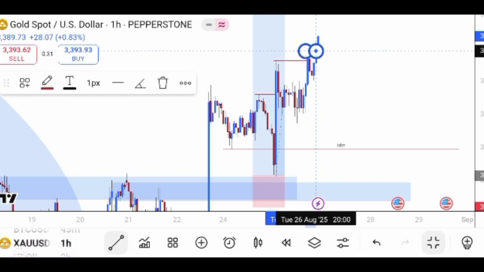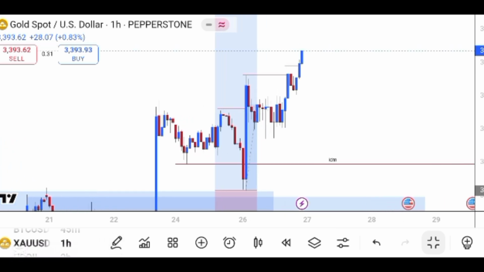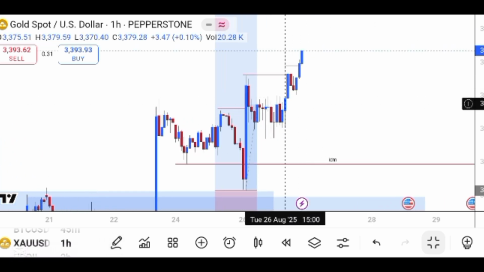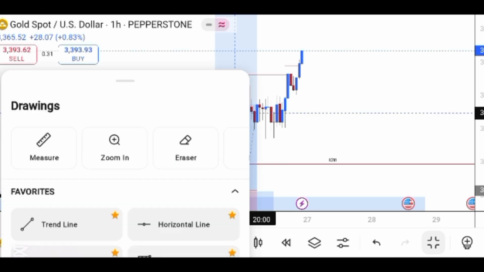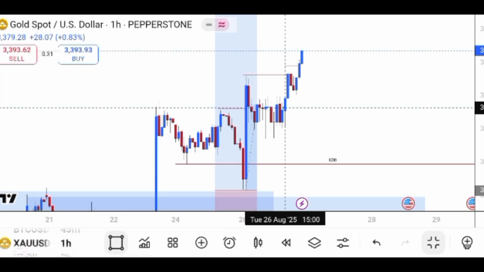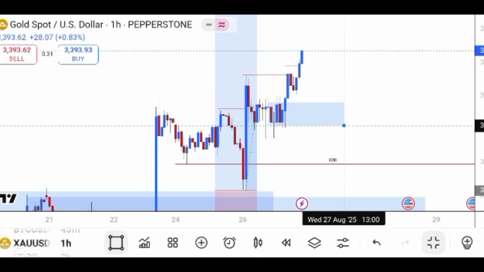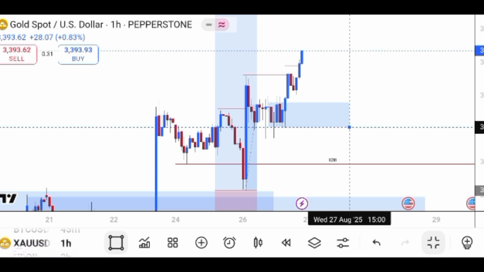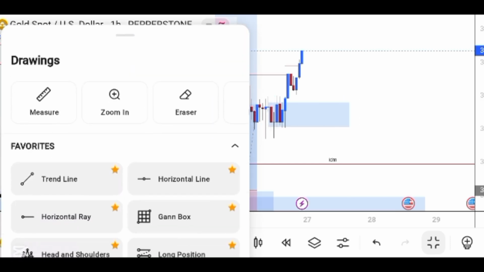So we are waiting for the market to reverse back to give us some retracement if we are to enter this trade. We are waiting for the market to give us some retracement to this place, to this supply or demand, to this demand, and then we can take our trade from it after we see some confirmation.